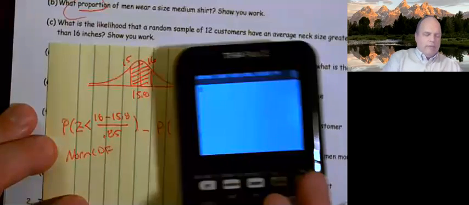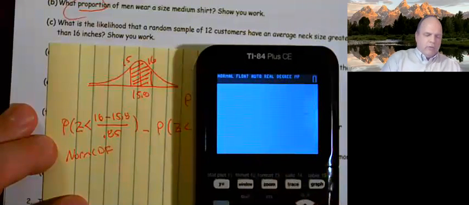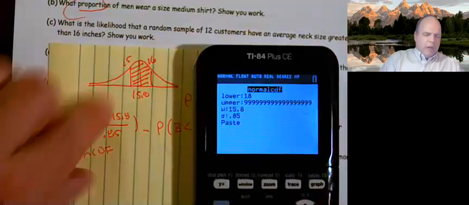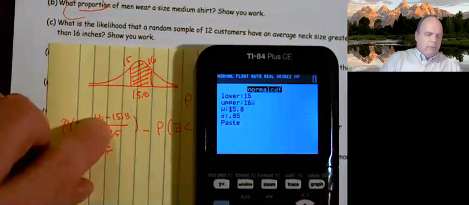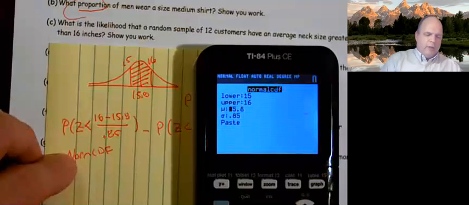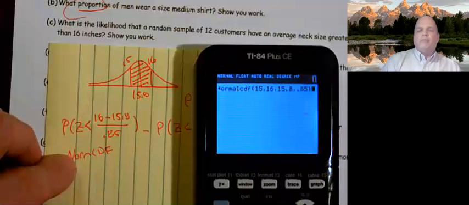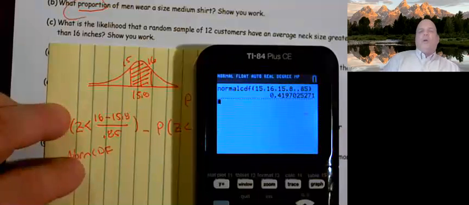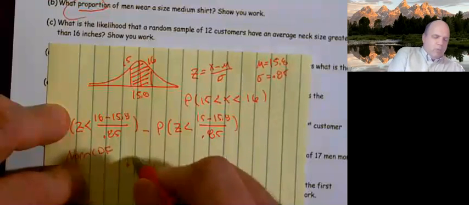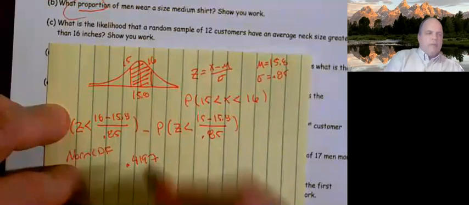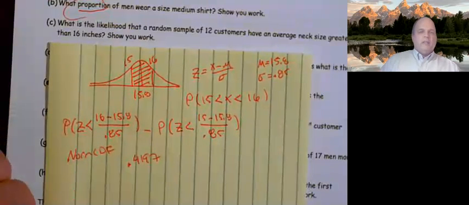So norm CDF, second vars, norm CDF, my lower bound is 15, my upper bound is 16, my mean is 15.8, my standard deviation is 0.85. And I end up getting 0.4197.